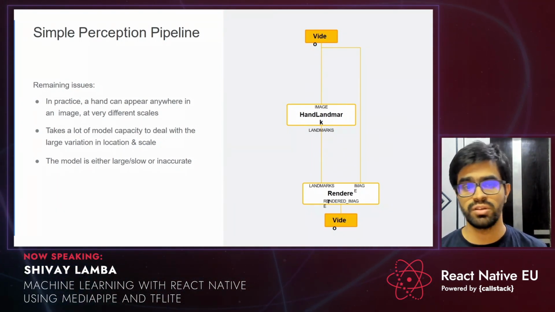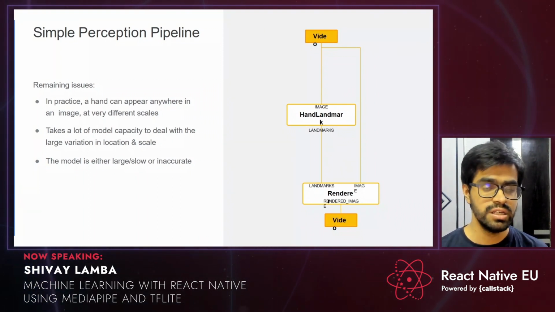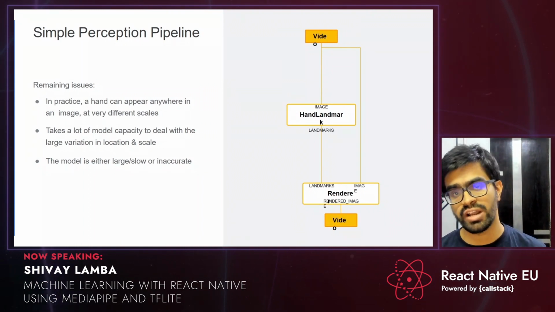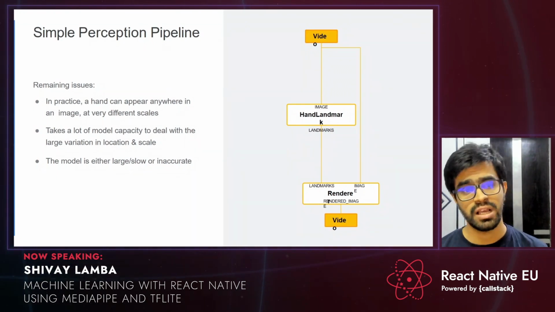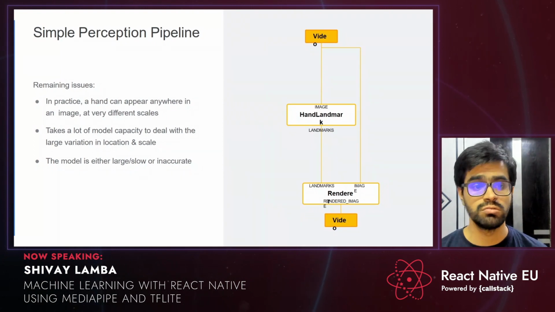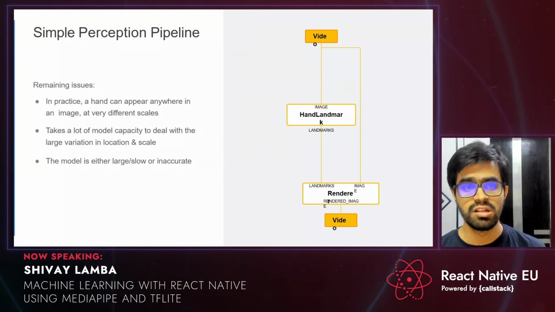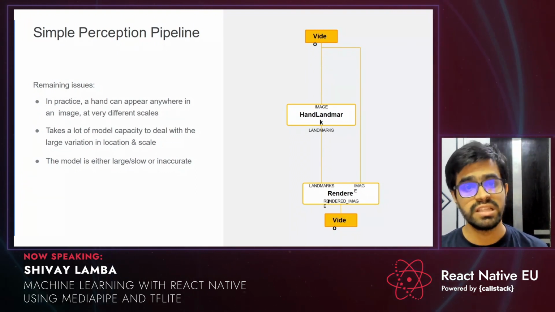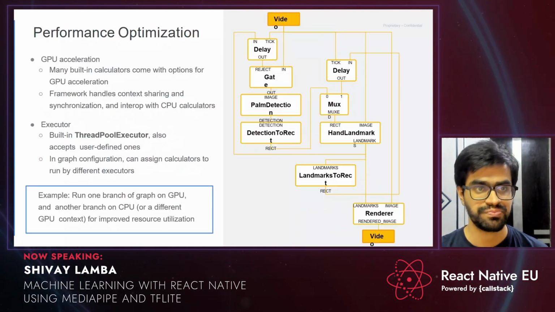If you are using a live video, the scale of the hand will change dynamically if you're taking your hand closer or further away from the video camera. And then it will take a lot of capacity from the model to deal with such variations. So there are steps that we can take to overcome these issues in real time.